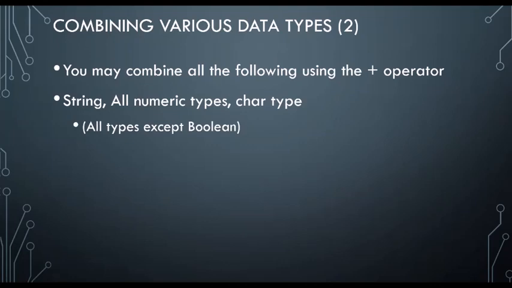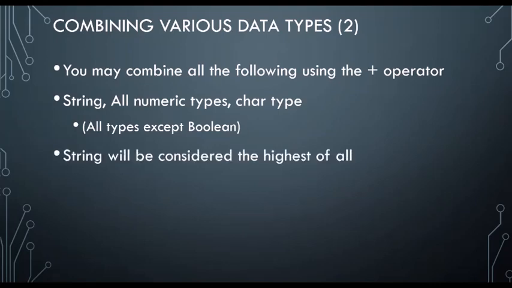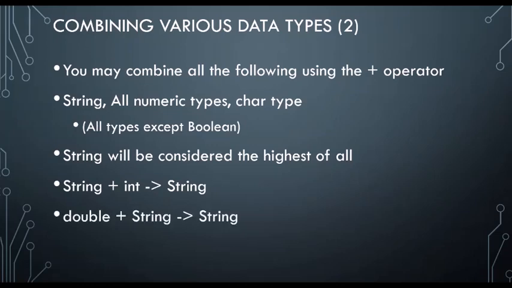Out of the 8 primitive data types, you can use everything else except boolean to add. String will be considered the highest of all. So that means if you add a string with any of these, anything will be converted to a string. So if you add a string to an int, it becomes a string. If you add a double plus a string, it becomes a string.